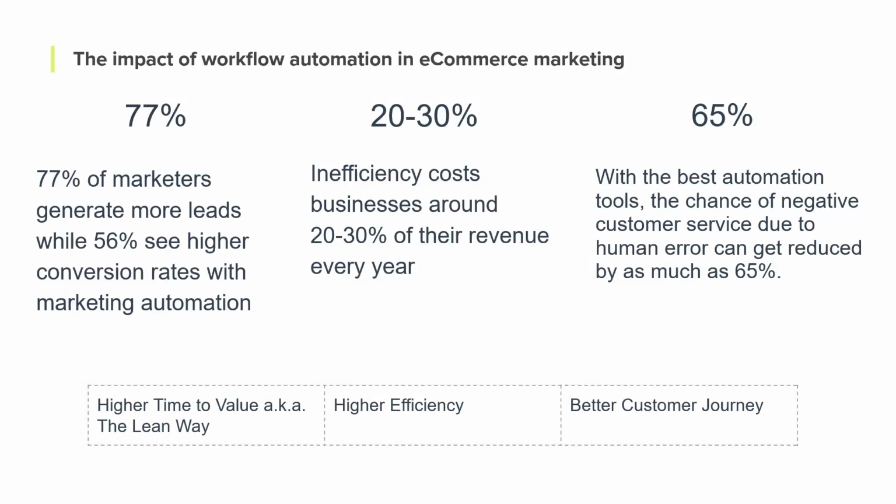That's a lot, because those streams of data are huge, and human error is something that happens on a daily basis if you don't have the right tools to manage it. You can reduce the inefficiency that costs businesses a lot of money. So as a result, you can build better customer journey. You can be more efficient. You can work the lean way, which means you can be more impactful with the same resources you have at the beginning of the process.